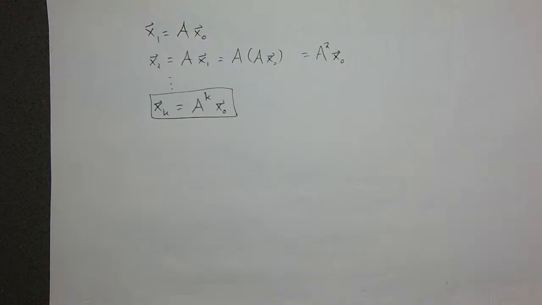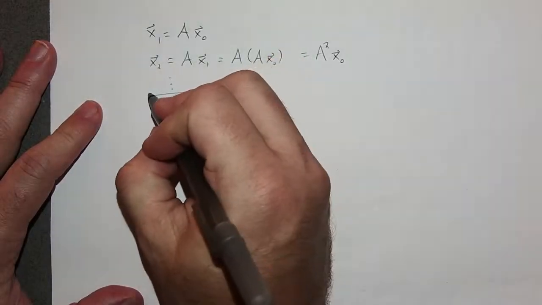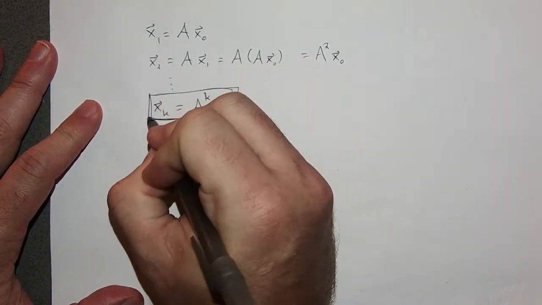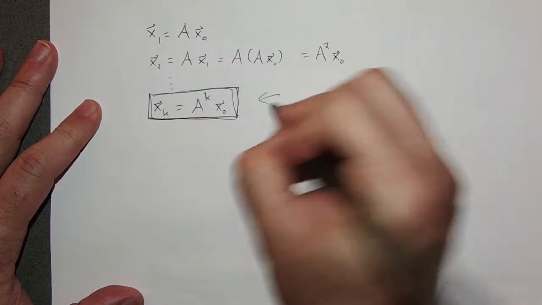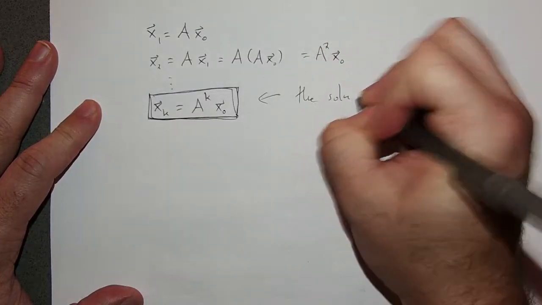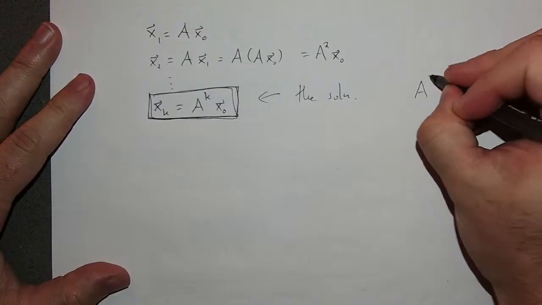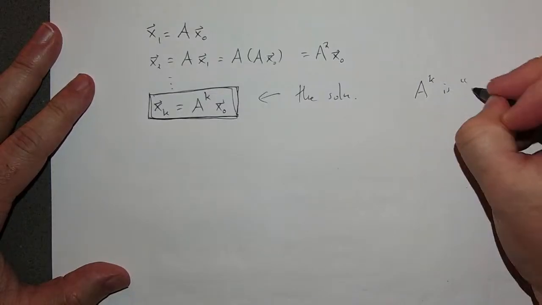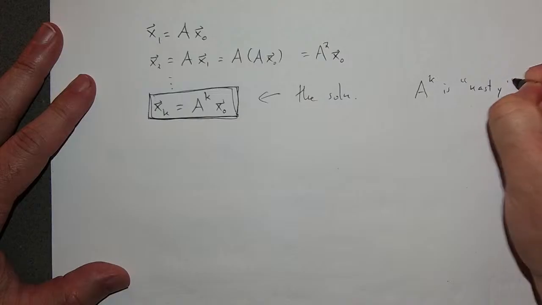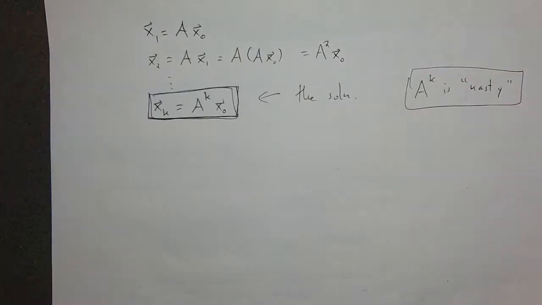And so, what is the solution to my system? It's this. This is the solution to this linear discrete dynamical system. But this is tricky because A to the k is nasty. This is always the problem.